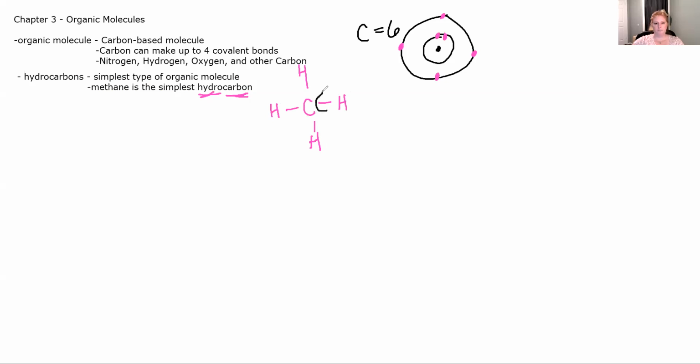So it is one carbon atom covalently bonded to 4 hydrogen atoms. In this way, carbon has managed to pick up 4 more electrons at once, and so it's happy. The chemical formula for methane is CH4, because there's 1 carbon and 4 hydrogens.